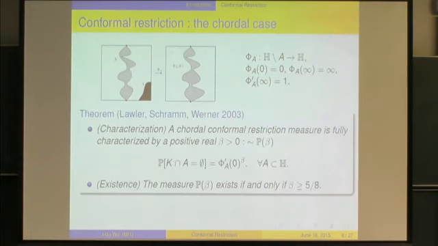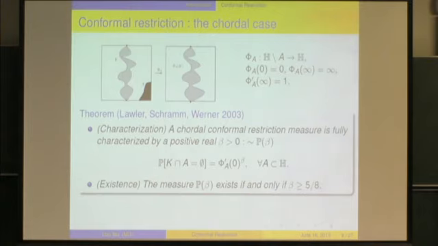And here is the answer. So this theorem has two parts. The first part is called the characterization part. So a chordal conformal restriction measure is fully characterized by a positive real beta. And this beta is related to the random set in this way, in this equation. The second part is called existence.